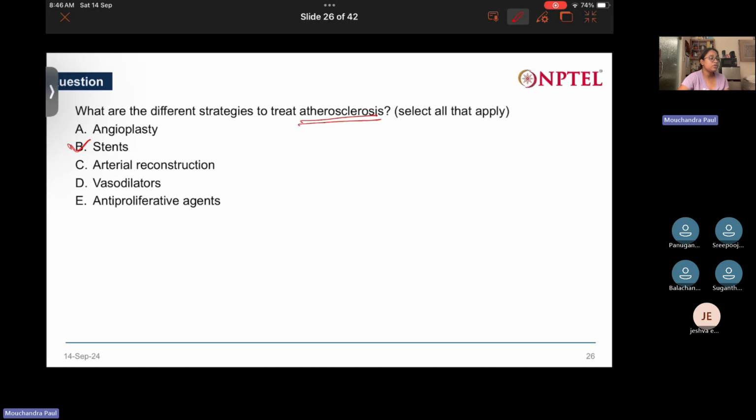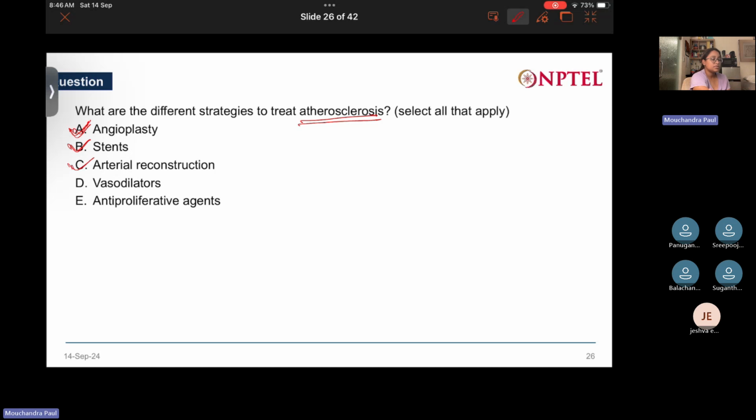Apart from stents, people also do angioplasty, a procedure through which they can deploy the stent, or directly inject the drug at the site of atherosclerosis where the plaque is formed. Through this procedure as well we can dissolve the plaque.